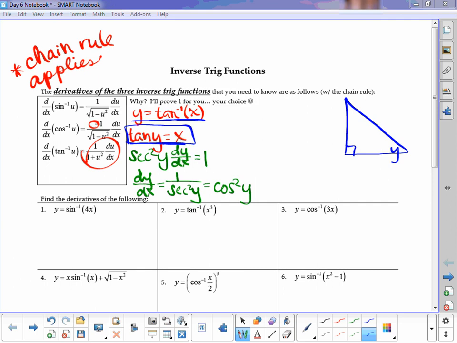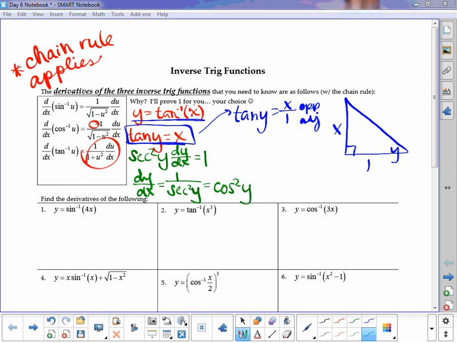Alright, so tangent, if I were to do tangent of y, what sides am I working with? Good, opposite over adjacent. So if tangent of y equals x, would you guys agree that's the same thing as x over 1? Alright, so this is my opposite, and this is my adjacent. Okay, so opposite would be x, adjacent would be 1.